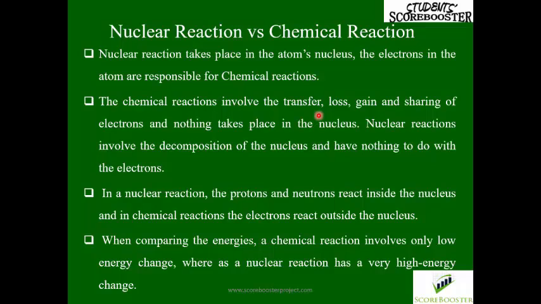In a nuclear reaction, the protons and neutrons react inside the nucleus, and in chemical reactions it is outside. So this comparison is telling us the location or the site of the reaction that is taking place. In the nuclear reaction, it is inside the nucleus. In the chemical reaction, it is outside.